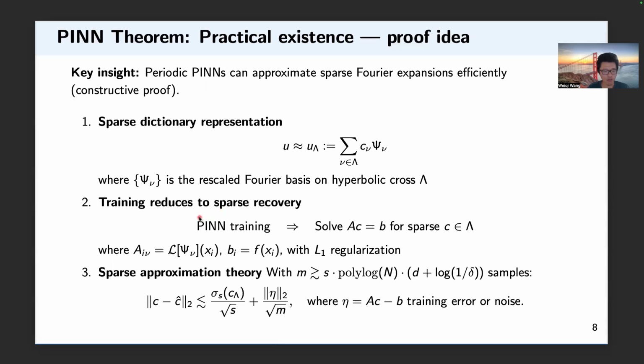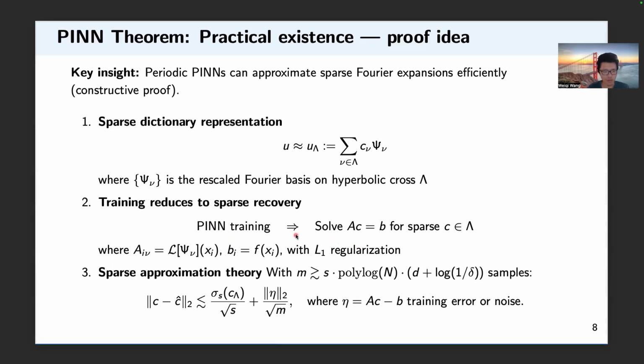In the second step, with random sample points and the residual loss, training the last layer of the physics-informed neural network looks like a sparse recovery problem. So we can use some simple tool like L1-style regularization in the loss function to enforce the sparsity.